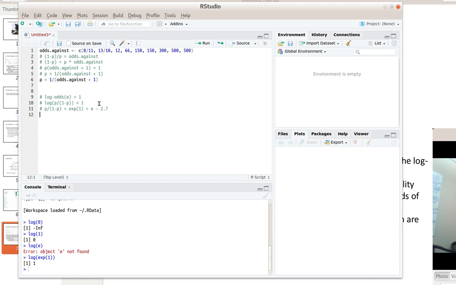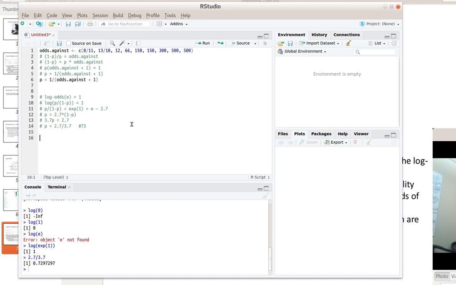Okay, so that means that P is equal to 2.7 times 1 minus P, and that means that 3.7 times P is equal to 2.7. So P is equal to 2.7 divided by 3.7. So we can compute it approximately, and P started out as about 73%.